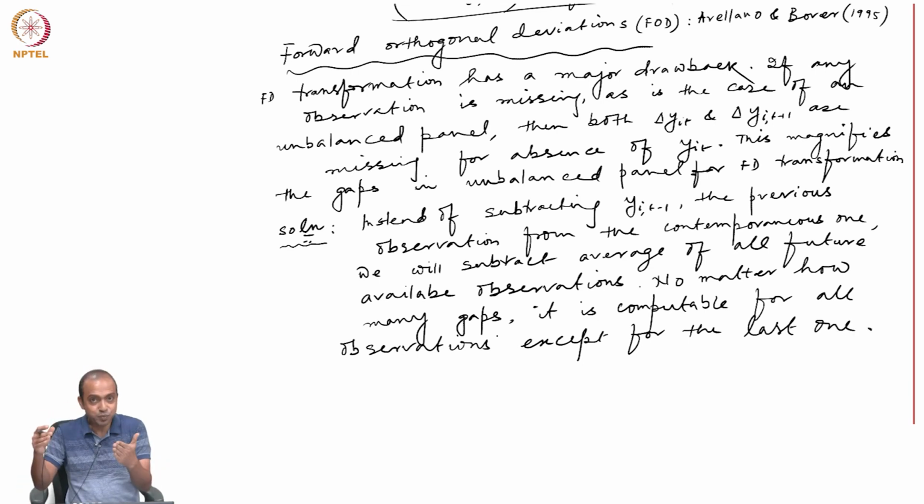Because in the last period there are no future observations available, so I cannot take FOD for the last period's observation. Otherwise, for the second-to-last observation, whatever information is available, I can take the average of all the future available observations and then subtract that from y_it. That is the difference.